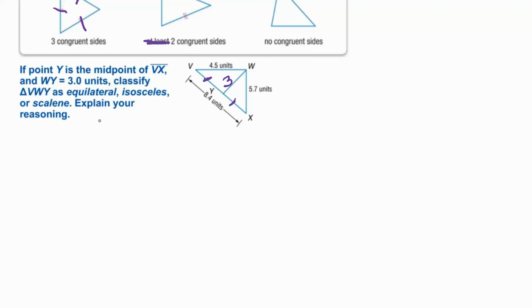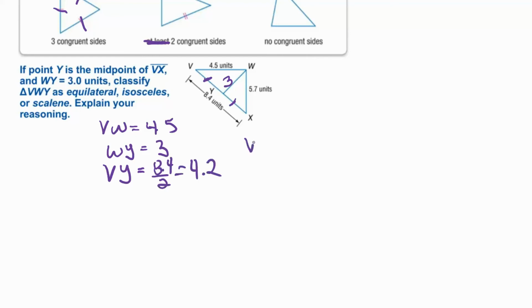So we know that VW is 4.5 units, WY is 3 units, and VY is 1/2 of VX, so it's 8.4 divided by 2, which is 4.2. So VW does not equal WY, and that does not equal VY. So it's scalene.